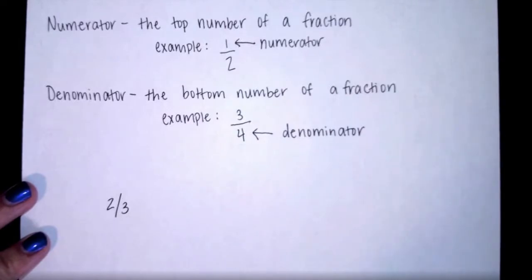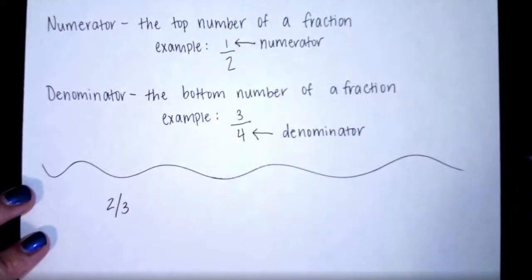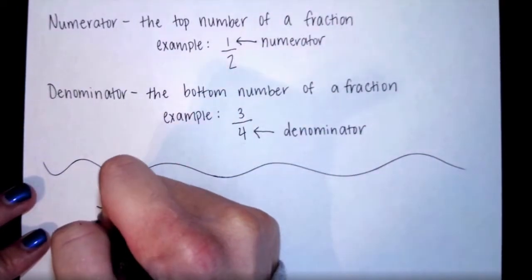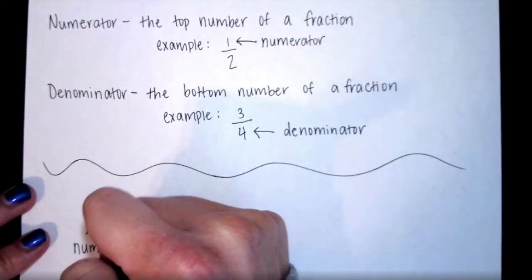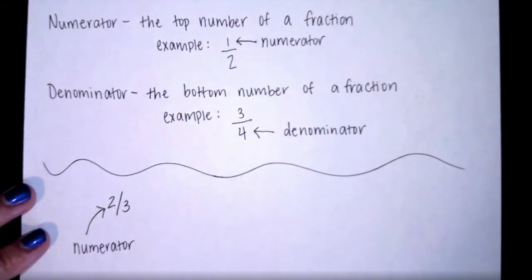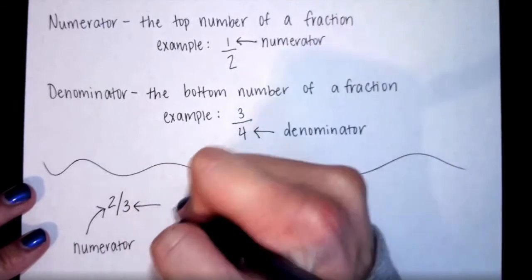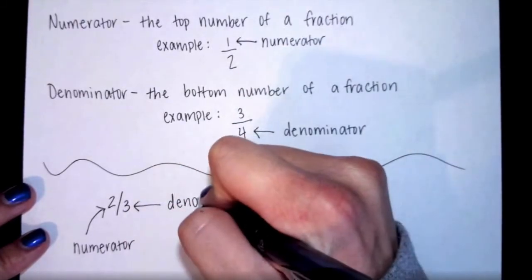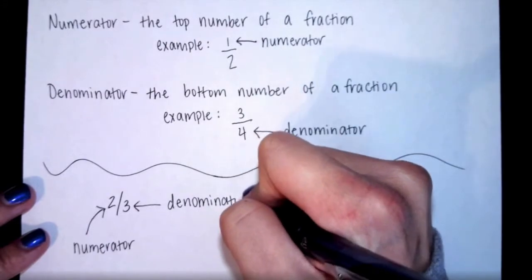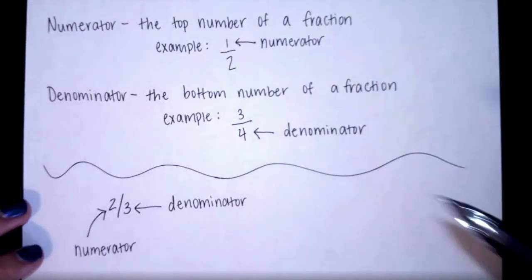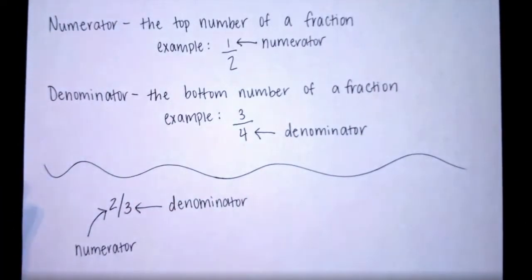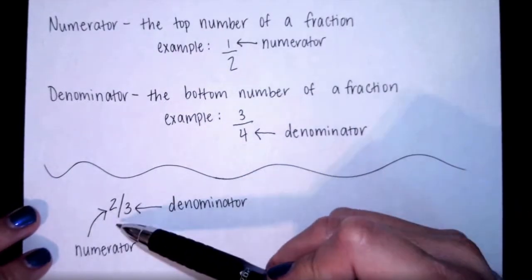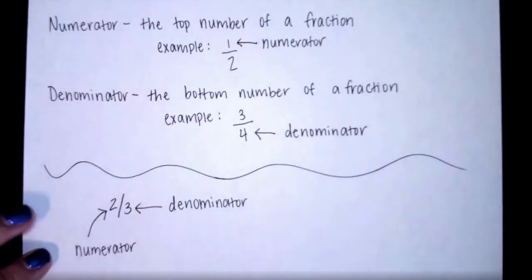So if a fraction is written like this on the computer, this 2 would be your numerator, and then this 3 would be your denominator. I don't want you to be thrown off if you see them like this on a computer or on an assignment, because sometimes people do have to put them in the computer like this.